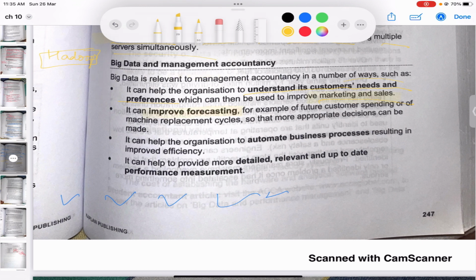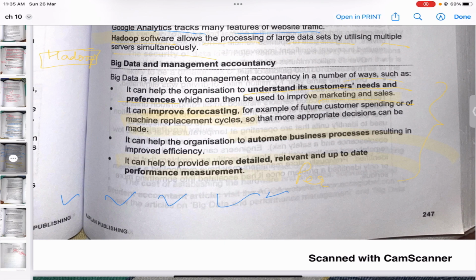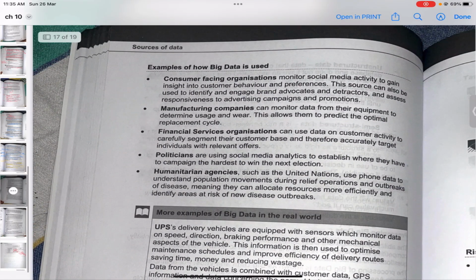It can improve forecasting, for example, of future customer spending or of machine replacement cycles. It can help to automate business processes. It can help in detailed, relevant, and up to date PM. What is PM? It is performance management.